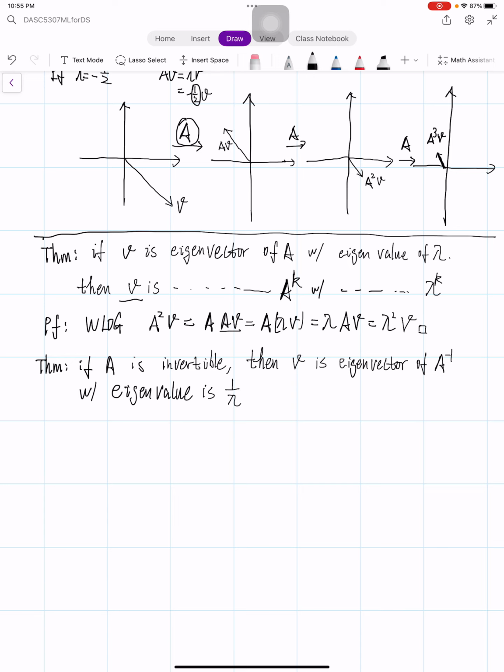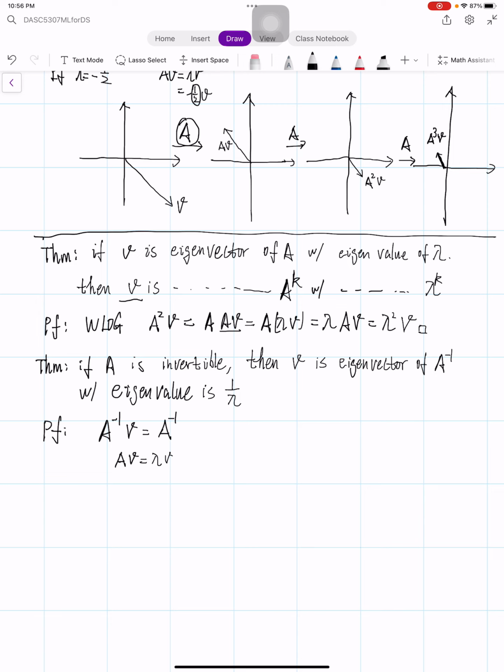Actually, the proof follows a very similar way. We can just apply the inverse matrix to nu, okay? Because nu is an eigenvector with eigenvalue lambda, right?